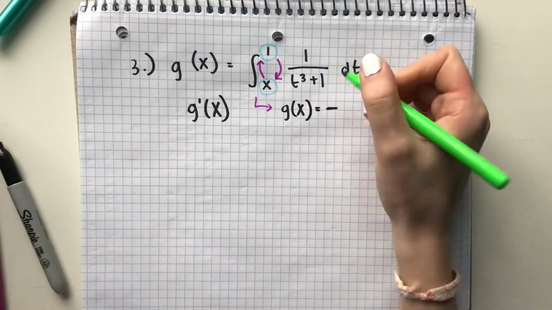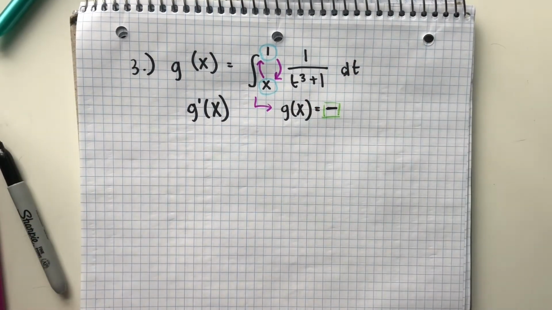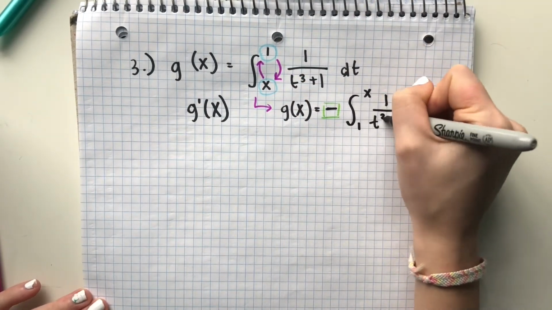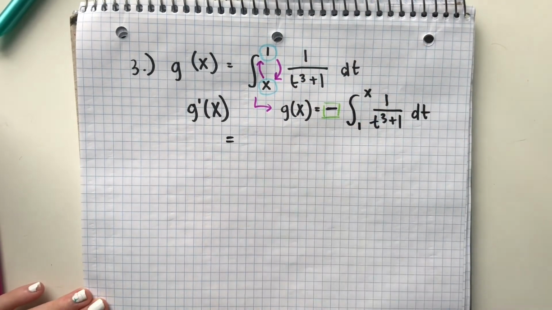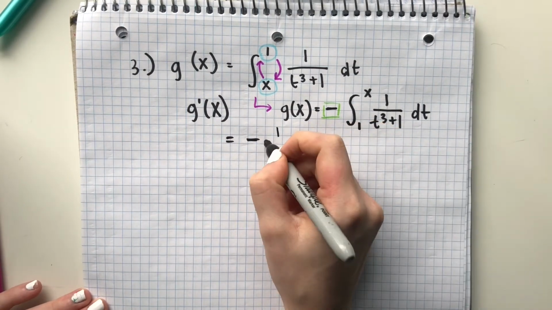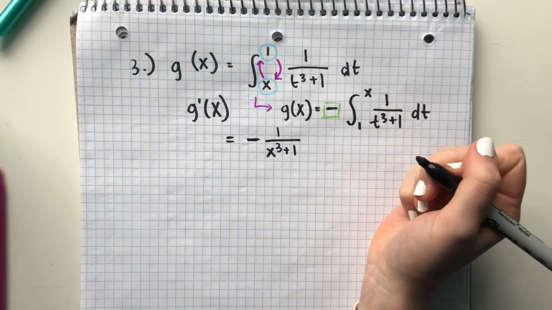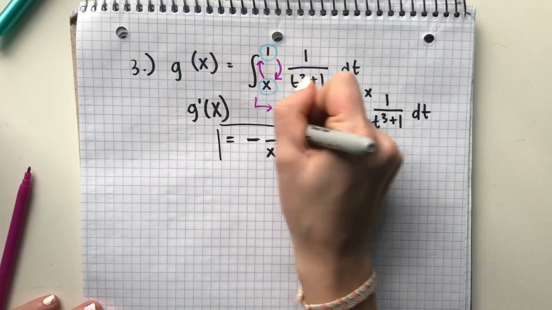As you see, the negative sign highlighted by the green is very important to switch the sign. So now we have the x on the top, 1 on the bottom, and the same function we had before. Now that we have the x on the top, we can plug it in, just like we've been plugging in the x before. So it's going to be negative 1 over x cubed plus 1, and that is our answer.